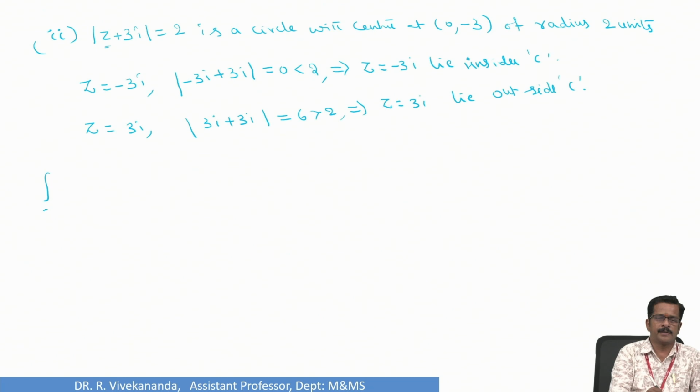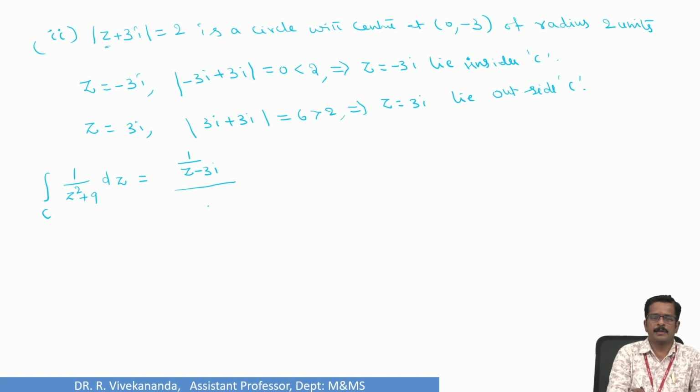So the integrand 1 by z square plus 9 dz can be written as follows. Which one lies outside? z equals 3i, so z minus 3i.